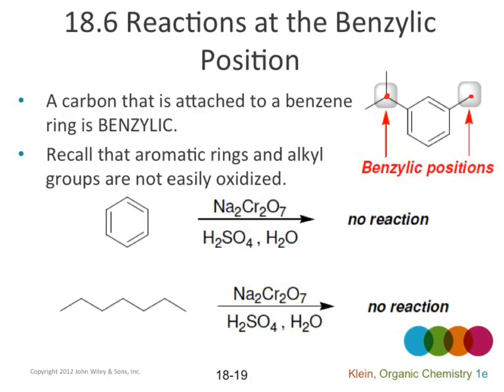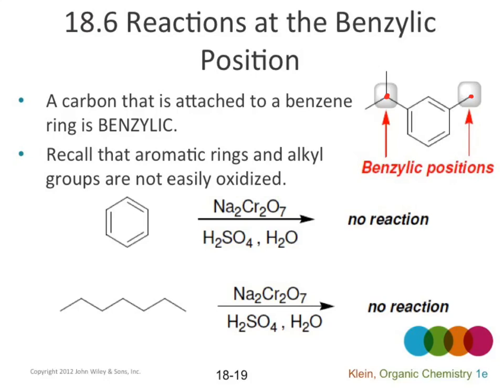If you make that carbon positive, the ring can donate electron density out to that position, stabilizing the positive charge. If that position becomes negative, it can donate the electron density into the ring. Okay? So both contributions can change the overall chemistry at what would appear to be a standard alkane position.